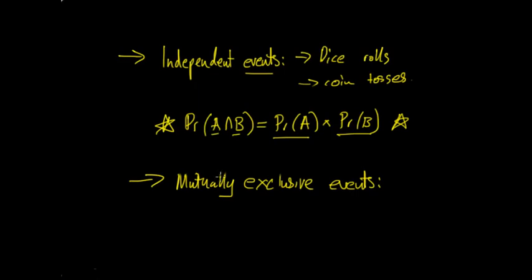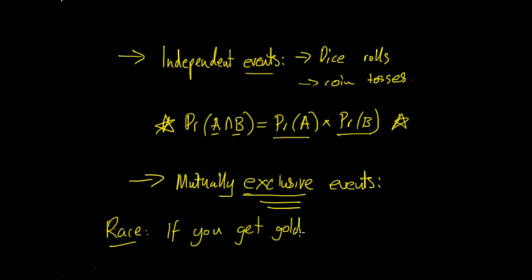Now, mutually exclusive events. This means, as I say, they're exclusive, and if one event occurs, the other can't. So, let's say it's a race, if you get gold, you can't get silver. So these are mutually exclusive events.